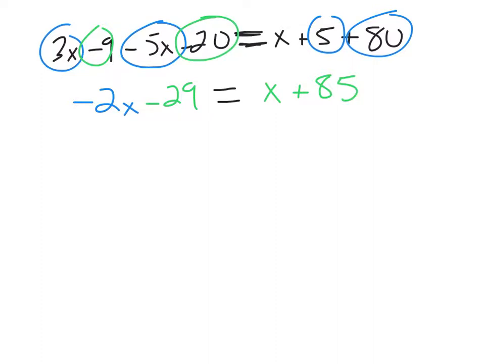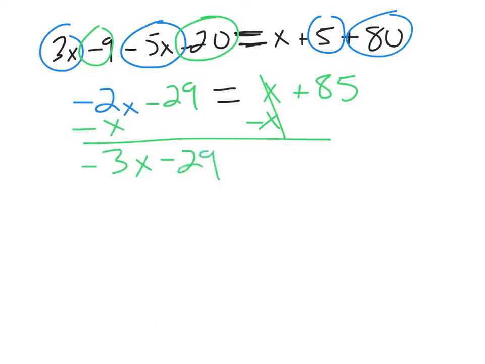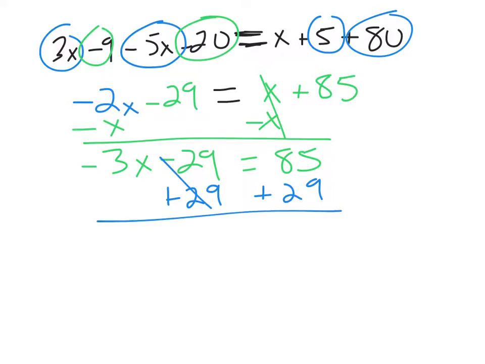Okay, so now when we start moving things across the equal sign, I just want to get my variable on one side of the equation. So I'm going to subtract this x from the right side and do the same thing over on the left side. That will leave me with negative 3x minus 29 on the left is equal to 95. Now I need to get rid of the 29, so I will add 29 to both sides of my equation to get rid of it on the left, and then that ends up getting added over there on the right.